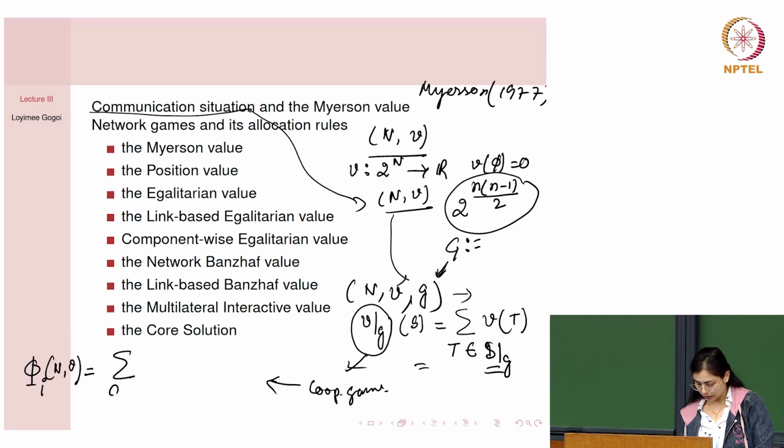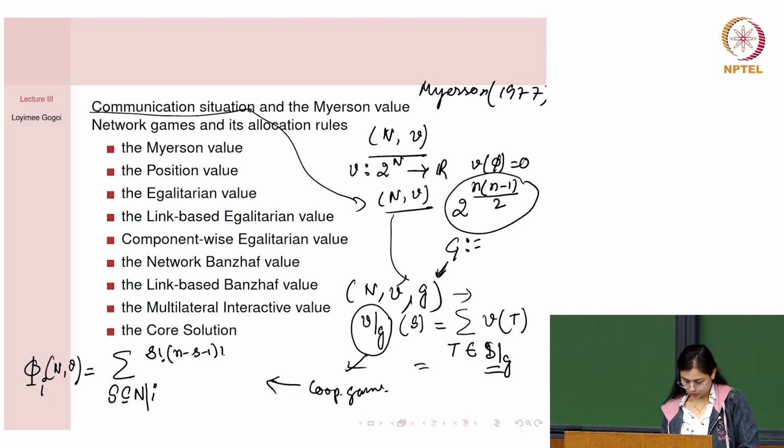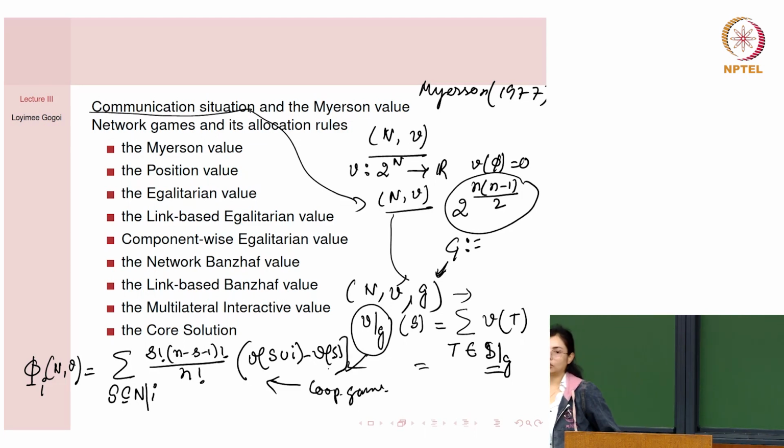It is a sum over all coalitions S, the non-empty coalitions, S a subset of N minus i, with some coefficients, considering the marginal contribution of i.